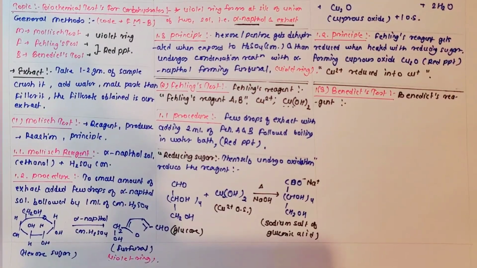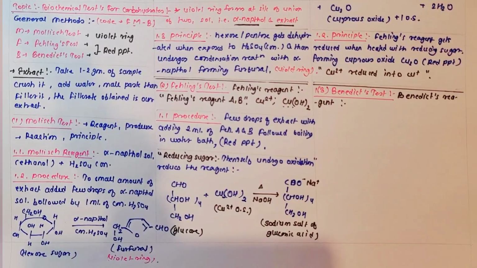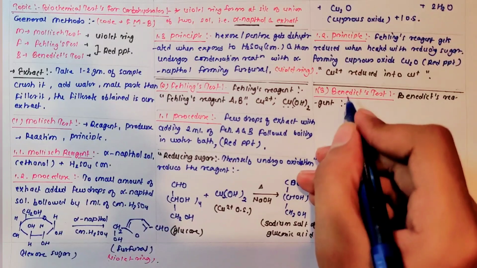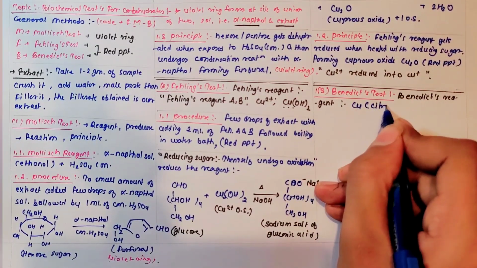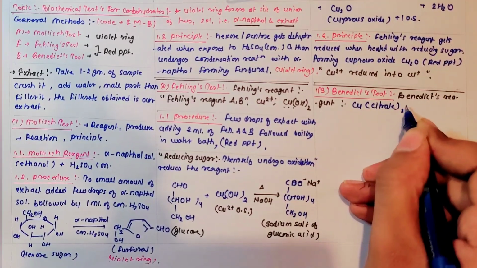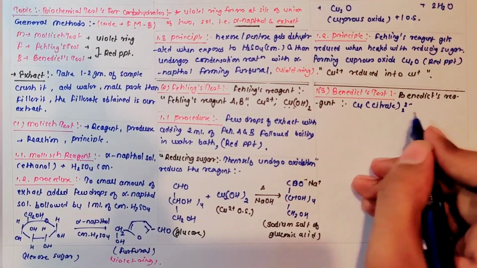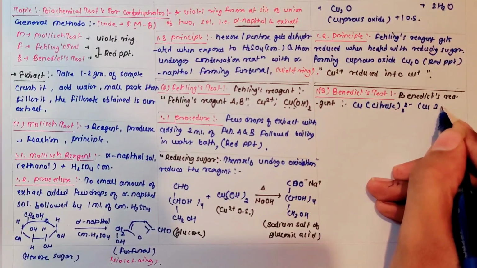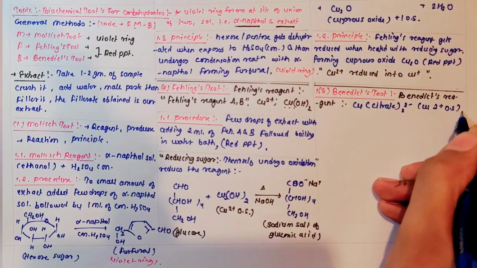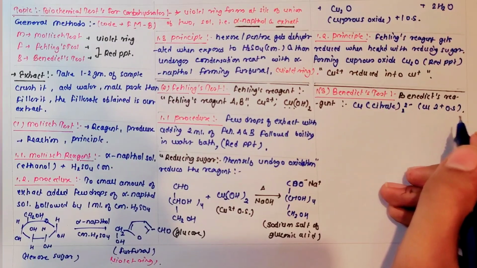Now the third test, that is Benedict's test, and Benedict's reagent is also a copper compound, copper citrate 2-. One thing to be noted here also, Cu is in the 2+ oxidation state. Benedict's and Fehling's are very much similar.